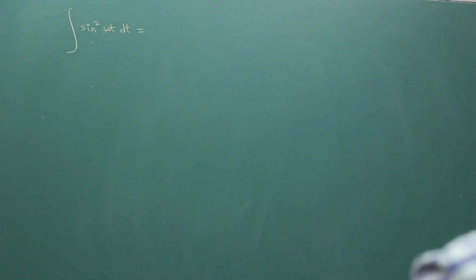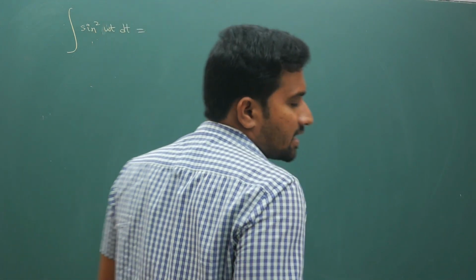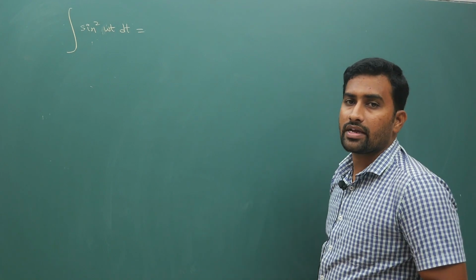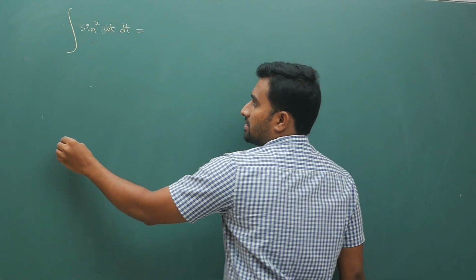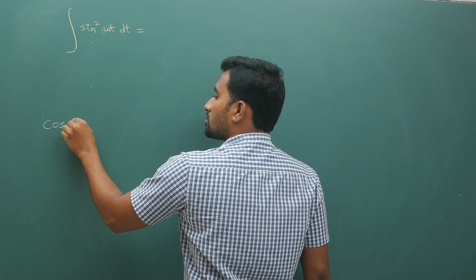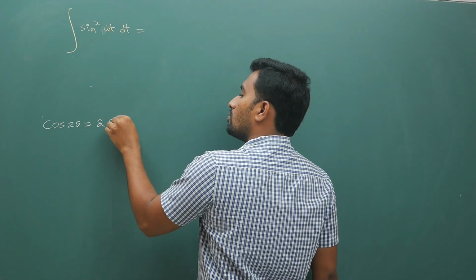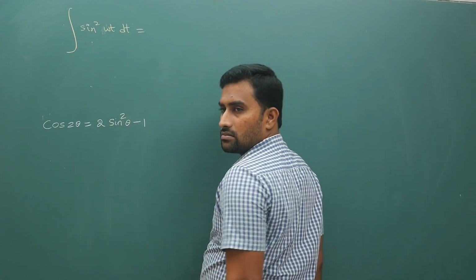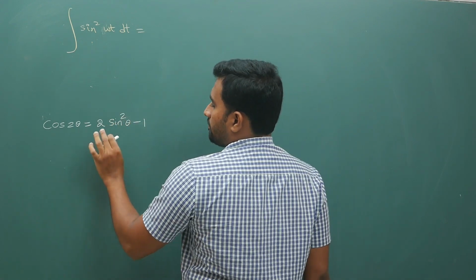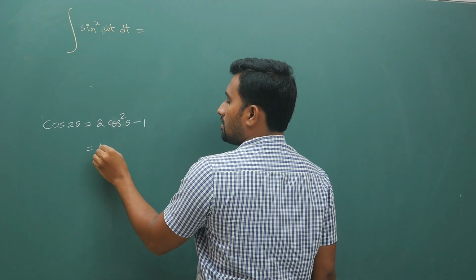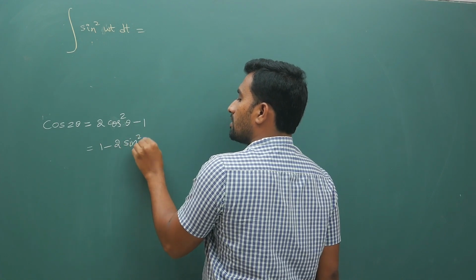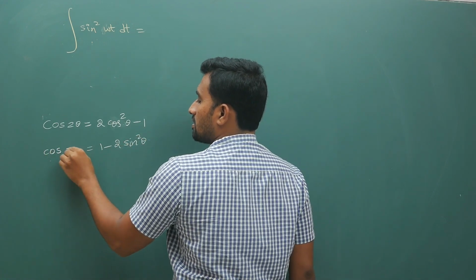If you look at this function, the integral of sine square omega t dt, now look at this: cos 2 theta is 2 cos square theta minus 1, and 1 minus 2 sine square theta is cos 2 theta.